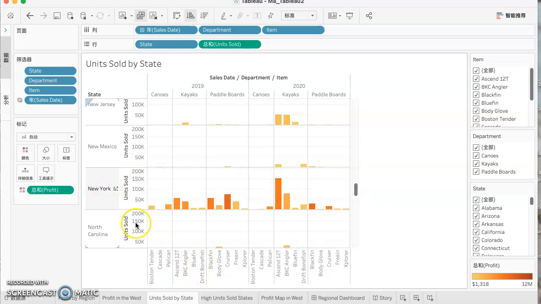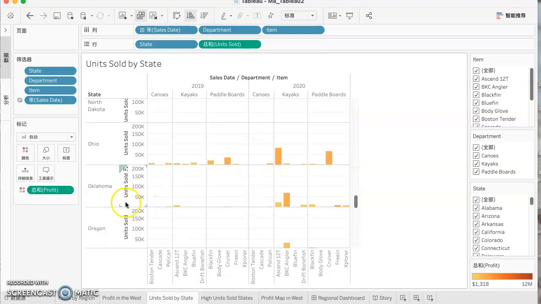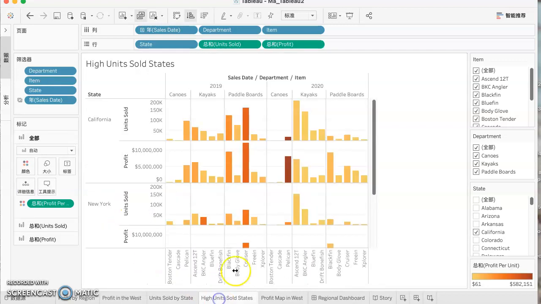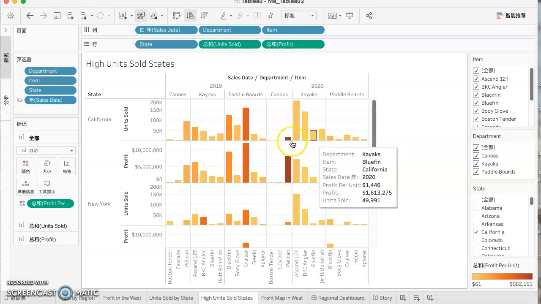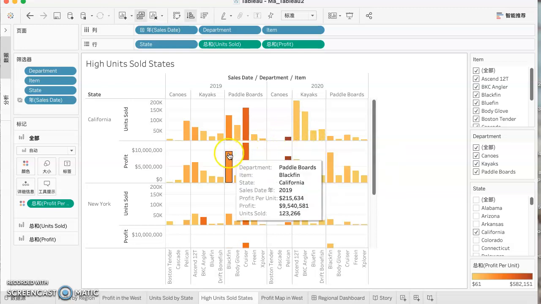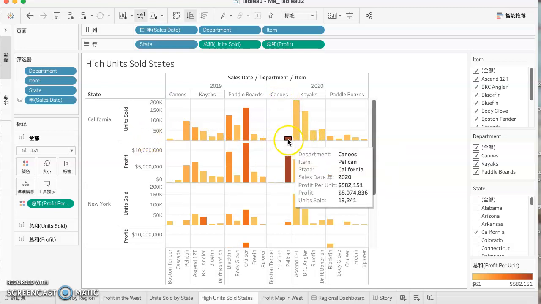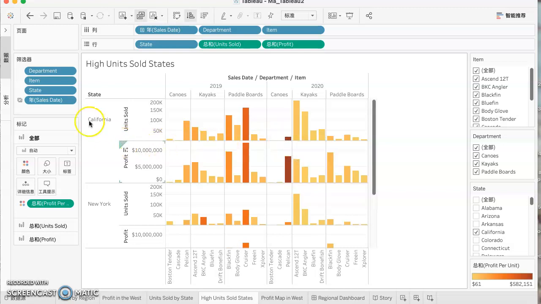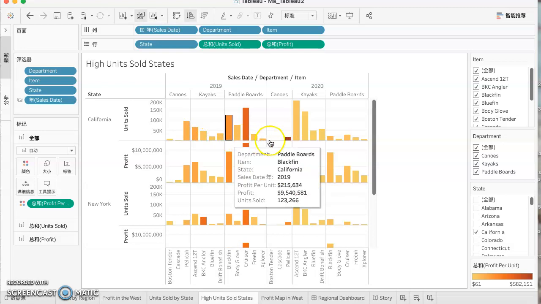So I took these three particular states out and put them into the next sheet, which is the high unit sold state sheet. In this part, we can find a very interesting thing. Let's see California and the Pelican: the units sold of it is low.